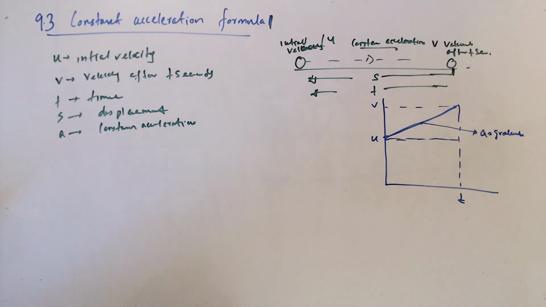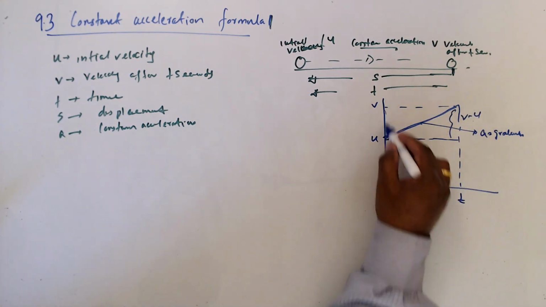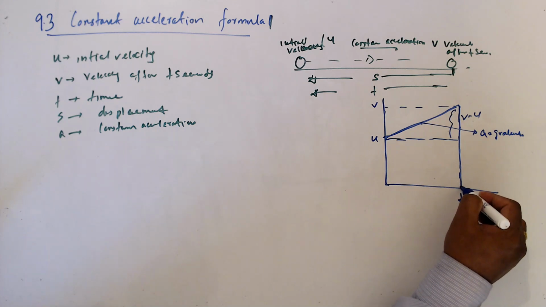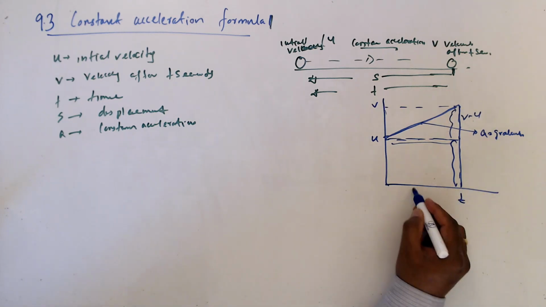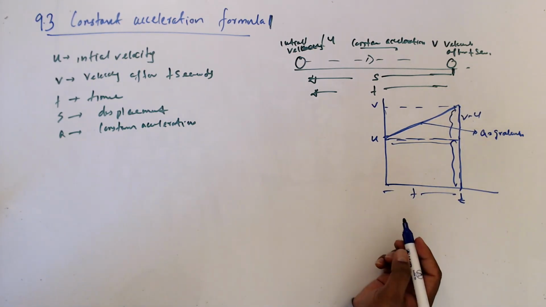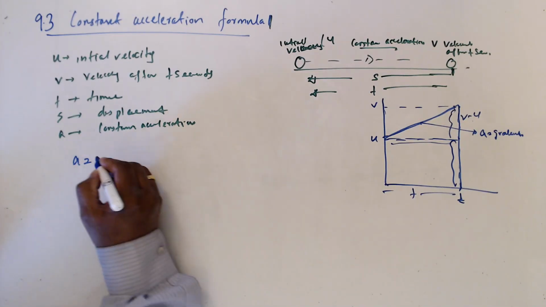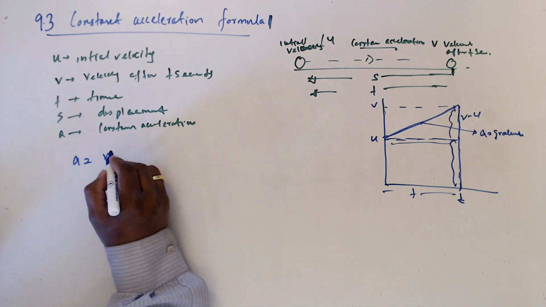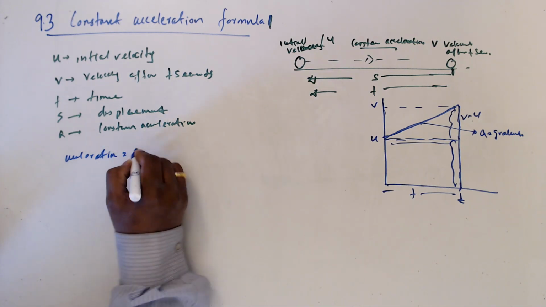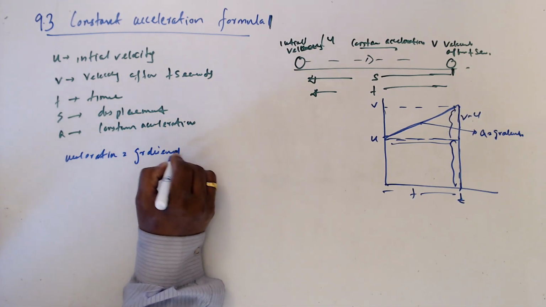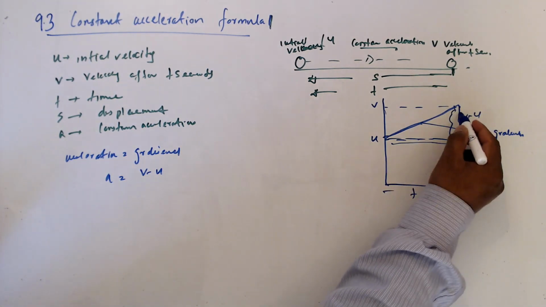So what is the gradient now? This distance is v minus u. So whole distance is v, and up to here u. This is v minus u, and this is t. So acceleration equals gradient, y divided by x.